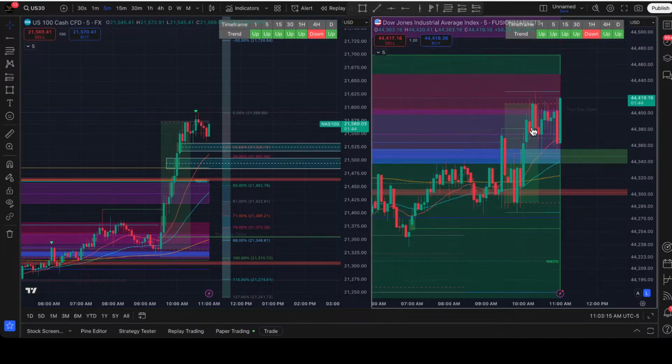Still no confirmation, still stuck in that zone. Bounced off the blue zone. Maybe this will give us our bullish confirmation.